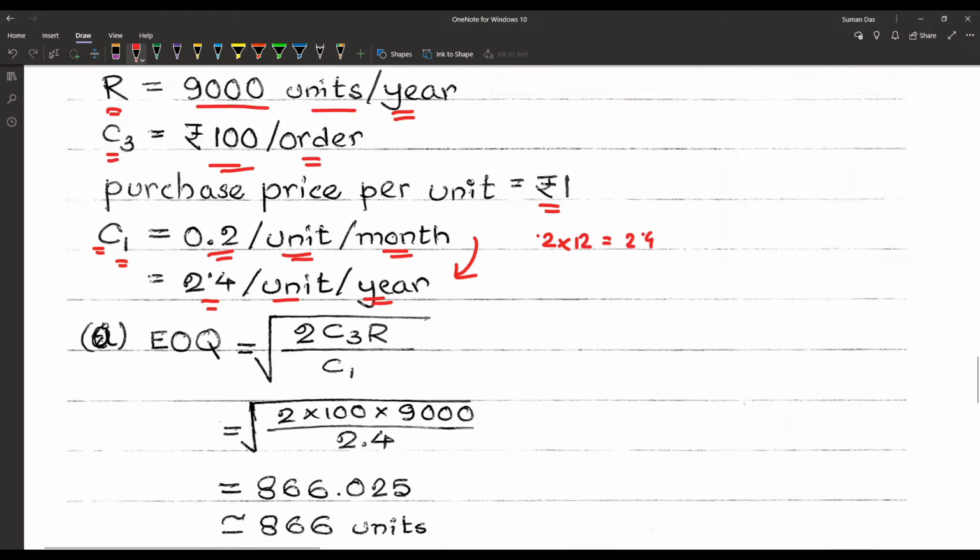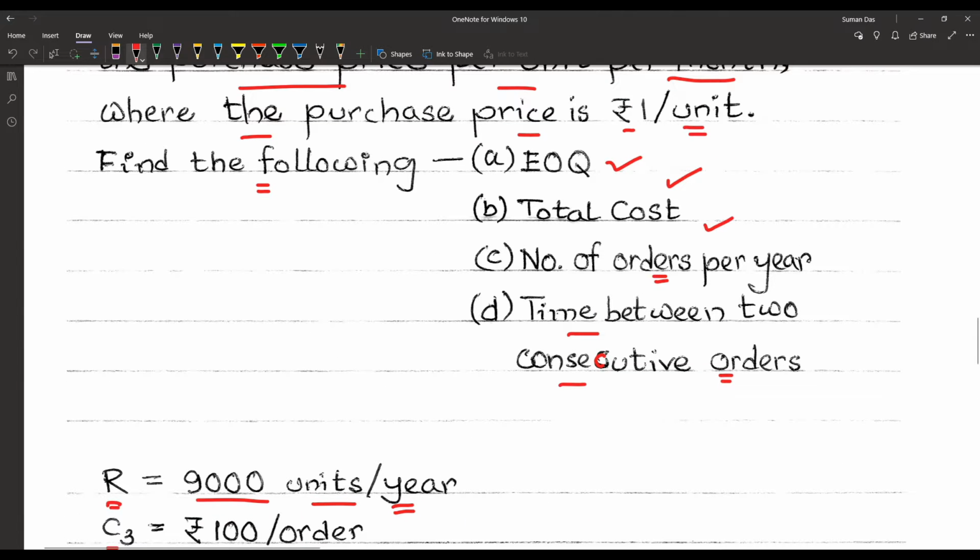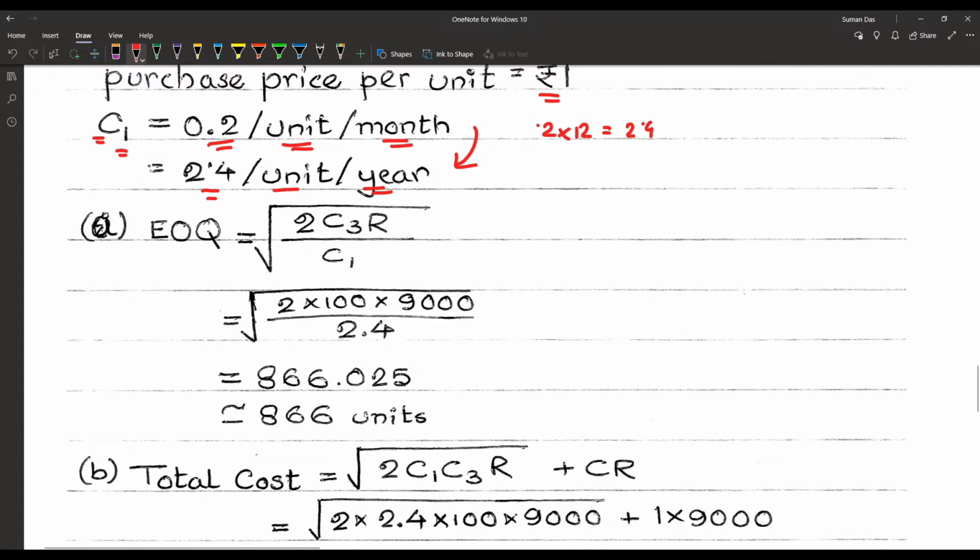Let's check the problem. The first one we have to solve is the EOQ. What is the formula of EOQ? That is square root of 2 C3 R upon C1. So we write the values of C3, R and C1: square root of 2 into 100 into 9000 upon 2.4.